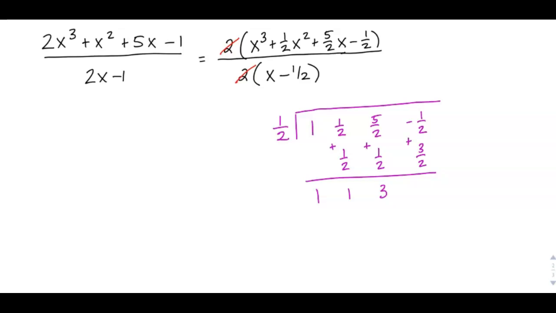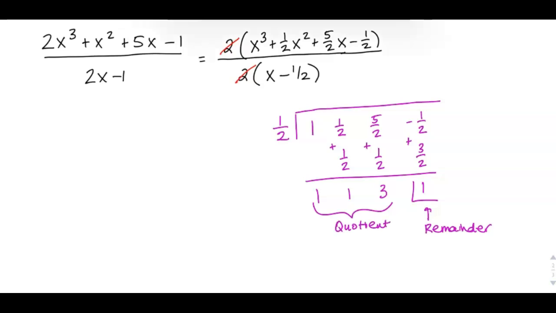And adding negative 1/2 plus 3/2 is 2/2, but then we could turn that 2/2 into 1. So this is the remainder that we came up with. And these are the coefficients for our quotient.